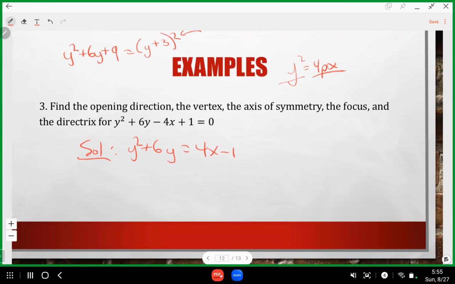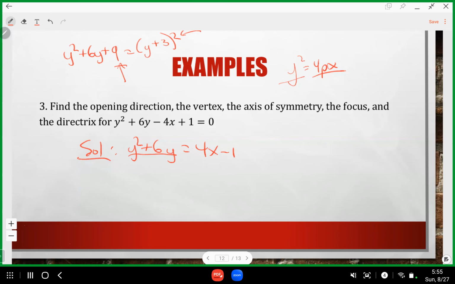So what do we need to do to complete the square here? We already have two components. What are we missing? The 9. And how are we going to get that 9?